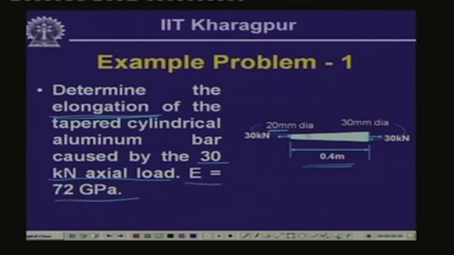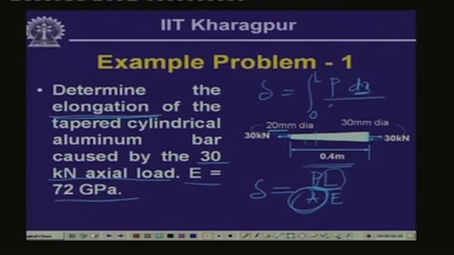Since the cross section is varying at every position, the cross sectional area is not constant, and we cannot compute delta directly from the expression P L by A E, where A is no longer a constant over the length L. Hence, we compute delta as the integral over the length of the member of P dx over A of x times E, and from this expression we compute the value of delta.